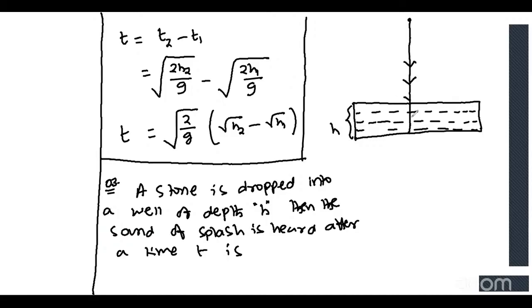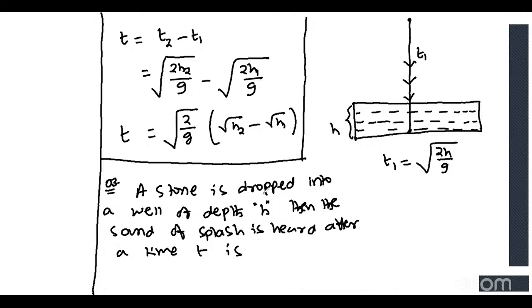Whenever it is dropped, then what will happen? Sound will come. So we need to find the total time. Whenever the stone is dropped into a depth h, T1 equals under root 2h by g.